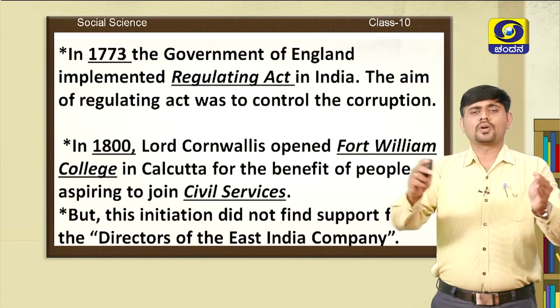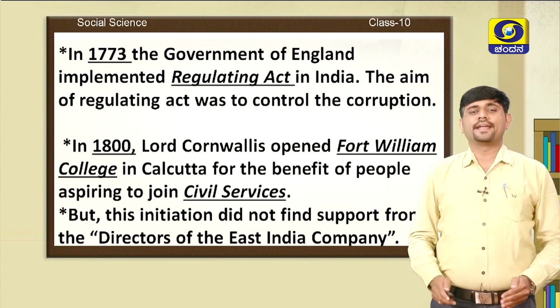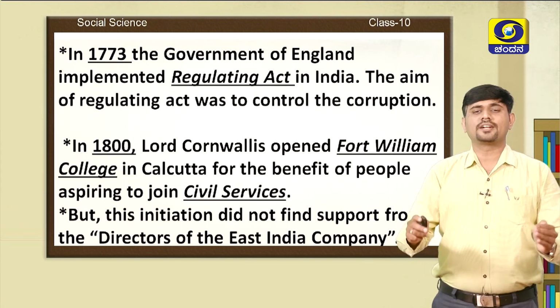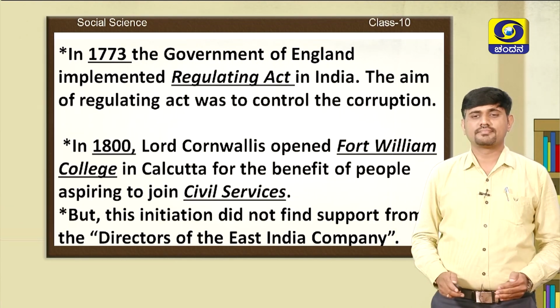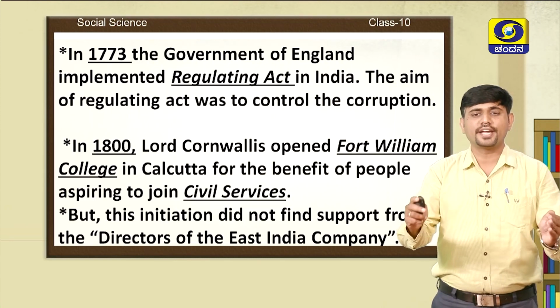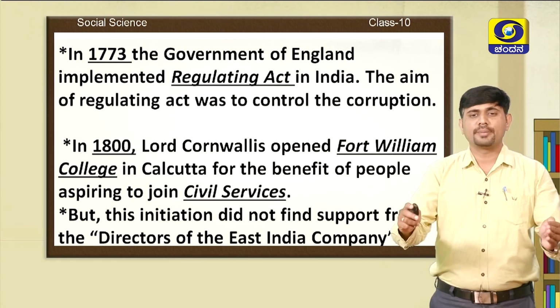In order to control all these corrupt activities, in the year 1773, the government of England implemented the Regulating Act in India. This is the first milestone in the constitutional reforms of Indian history, children. The first act introduced by the British government in India.